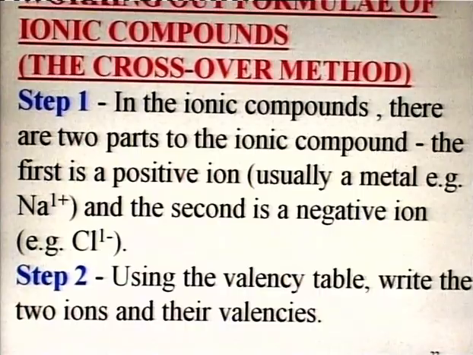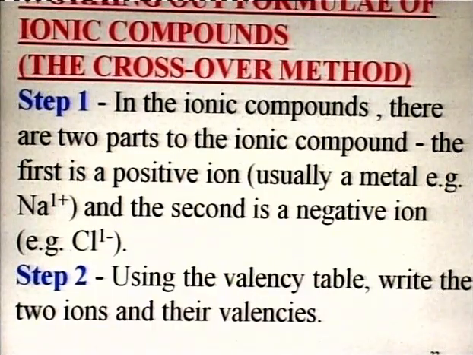The first is a positive ion, usually a metal, and the second is a negative ion. While writing the formula of the compound, what rule do we follow? First of all, we write the positive part to the left and the negative part towards the right.